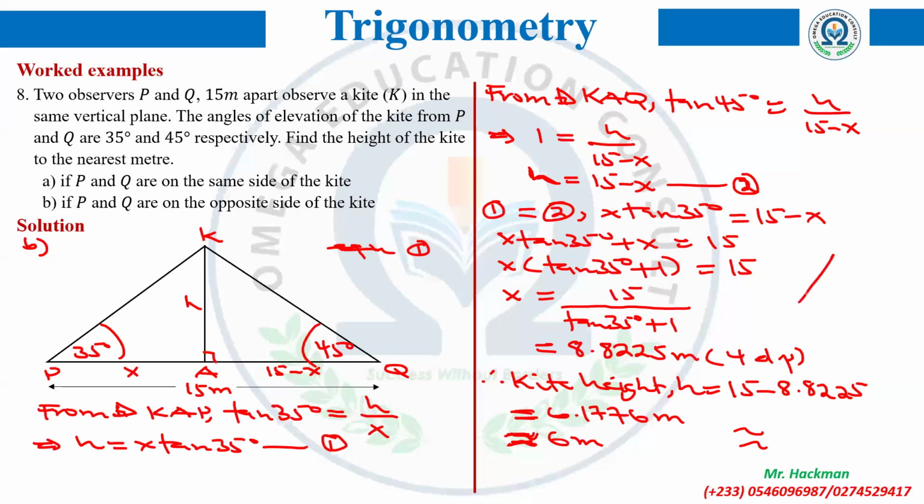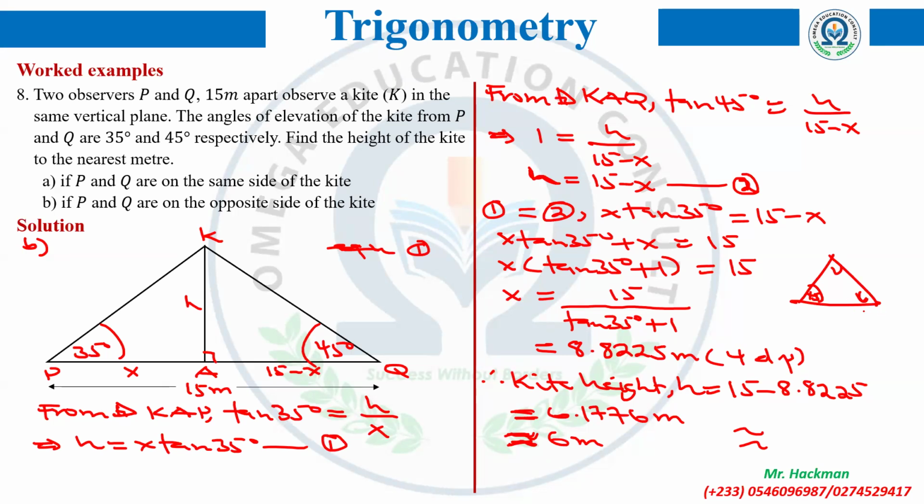Because if you have a triangle, and this angle is 45, this angle is equal to this angle, and this angle is 90, what type of triangle are you dealing with? Isosceles. Which triangle will have two angles to be equal? An isosceles triangle.